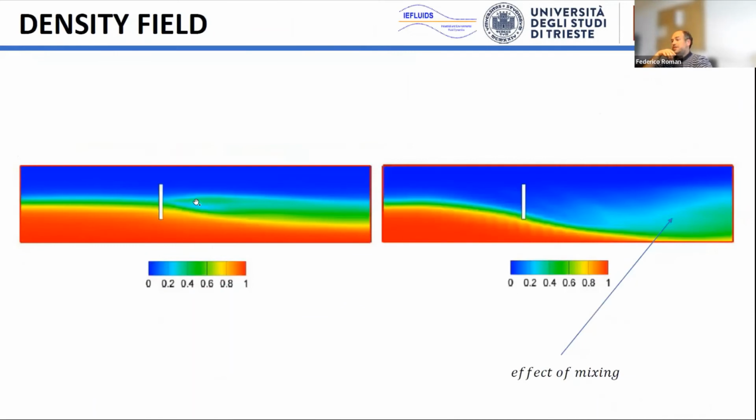For example, if this is the density field for the case of weak stratification, here you can see how the density field, because of this turning of the wake and the eddies that are forming, tends to provide a stronger mixing of the density field and of the flow field.